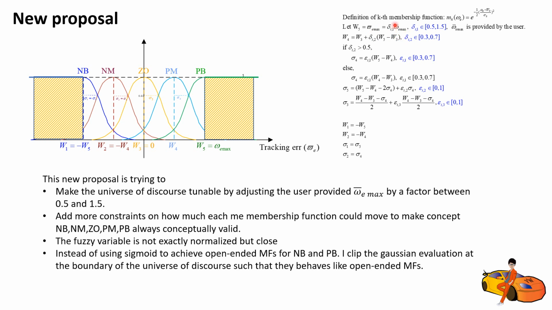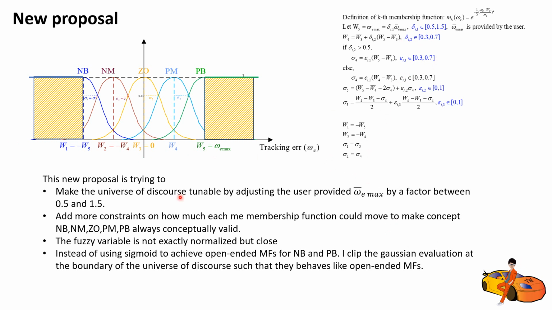I let the user define omega e max, or I can use a default value, for example, 100. Then this factor between 0.5 and 1.5 can actually set my omega 5 at a value between 50 and 150 if this value is 100. So it makes this omega 5 boundary tunable.